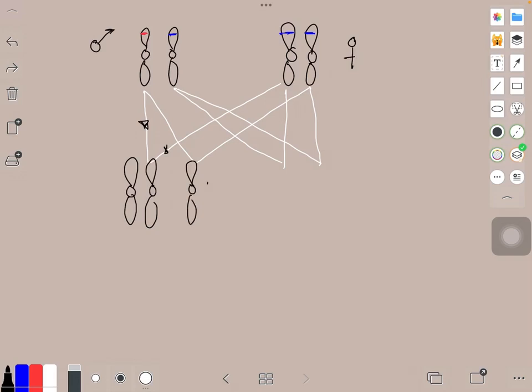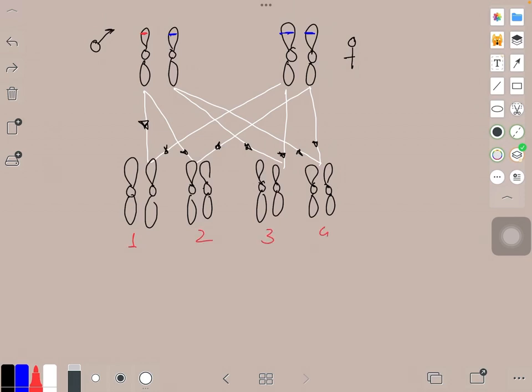Second possibility, 1 and 2. Then we have another possibility, one came from here, another came from here. And then the last possibility, one came from this part, second came from this part. Let's give them diseases. In the first, second, third, fourth, all of them account for about 25% chance.